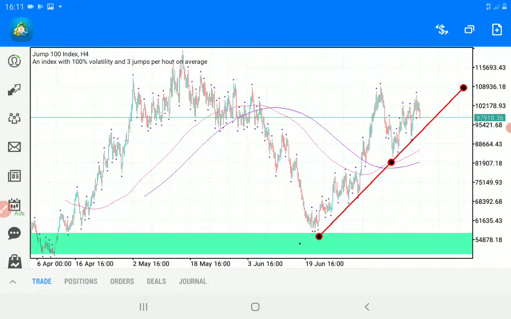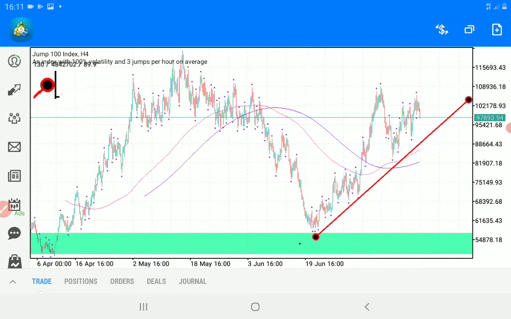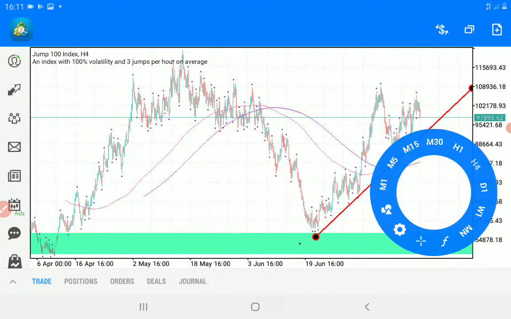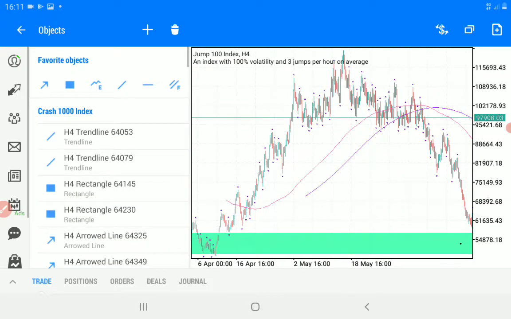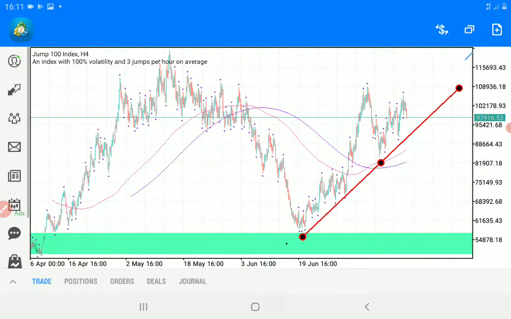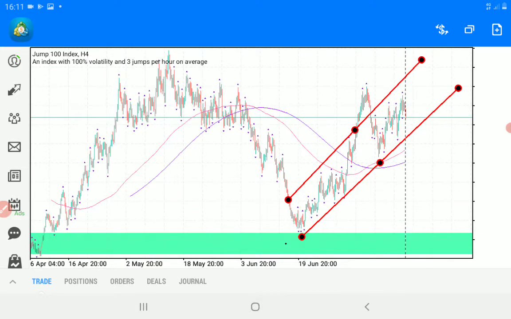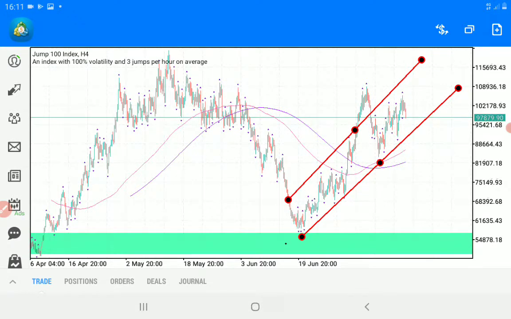So we're just looking at the most touched areas for now, and then we're just going to draw in our trend line. That is a very huge false breakout over there. It's a breakout, but I think it's a false breakout.